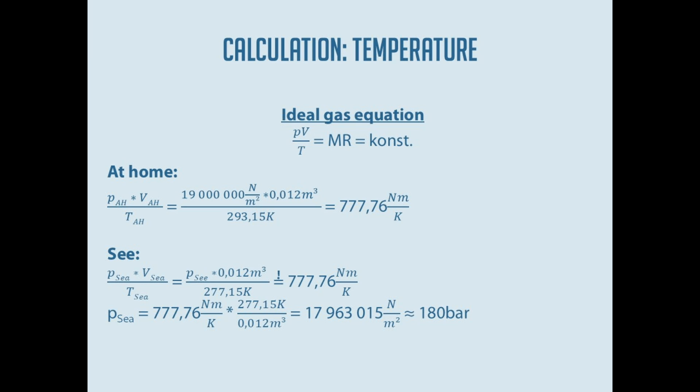And look at the whole now at the lake. The equation is here, so again only the left side, P times V divided by T. We convert that now to P and get out a value of approximately 180 bar. This is exactly what happens to me when I dive in winter at the lake.